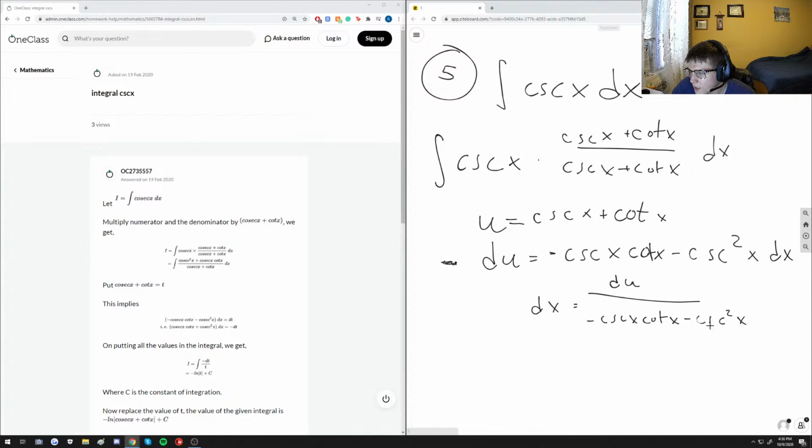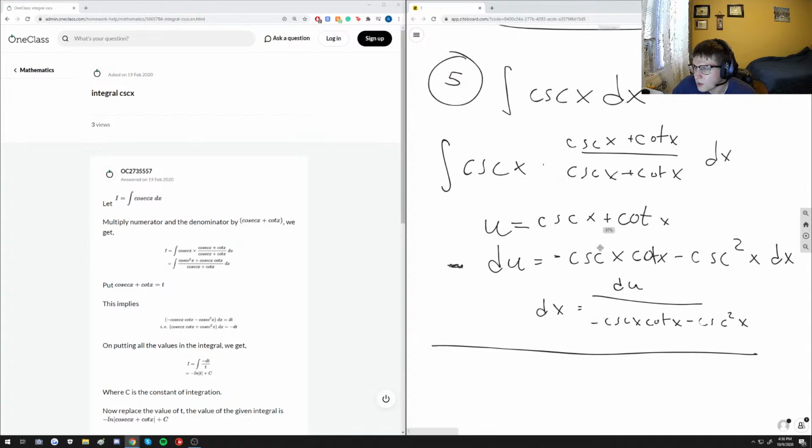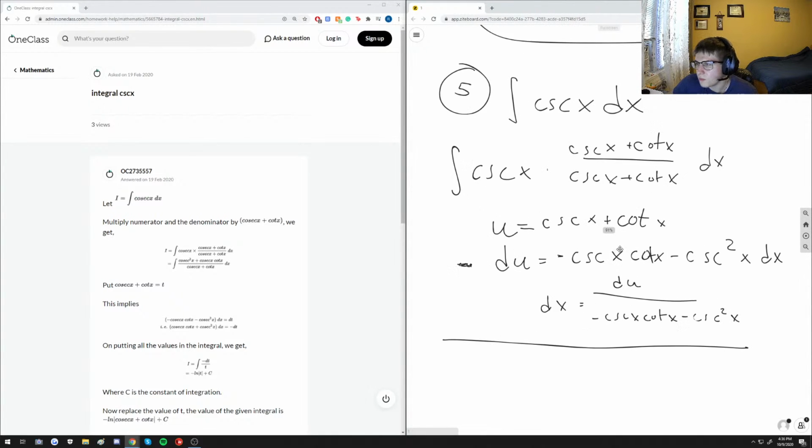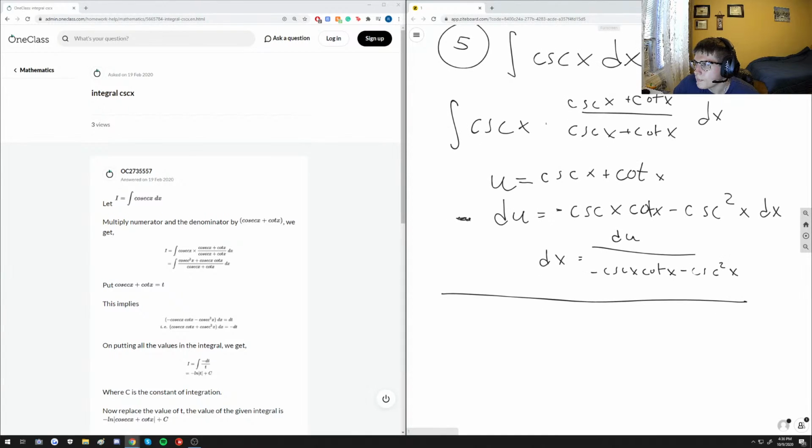Now going back to the integral, I probably should have multiplied these out here. So let's multiply this cosecant x into the numerator. We get the integral of cosecant squared x plus cosecant x cotangent x. That's what happens when we multiply in over our denominator.